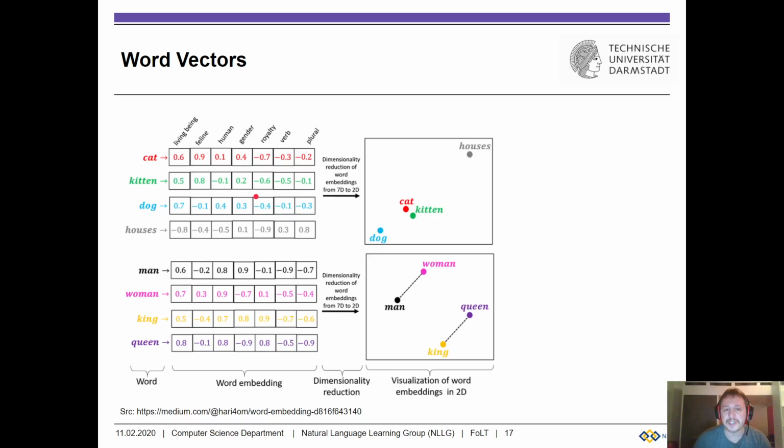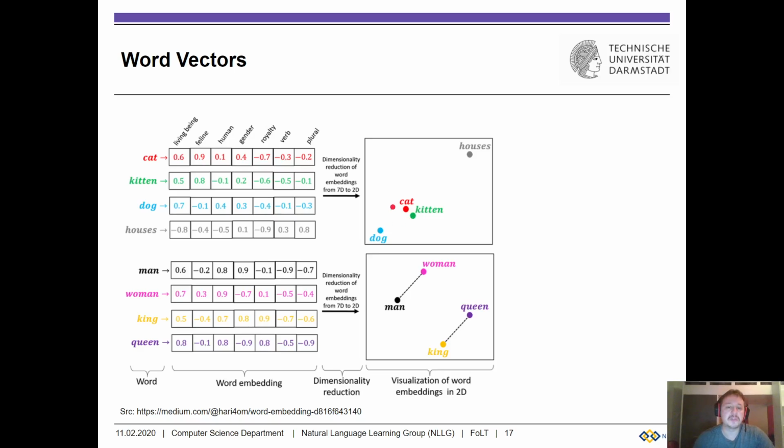Now, we cannot visualize a 7-dimensional or 300-dimensional space. So what we can do instead is we project the 7 or 300-dimensional space down to 2 dimensions, and then we can visualize our words via their vectors.